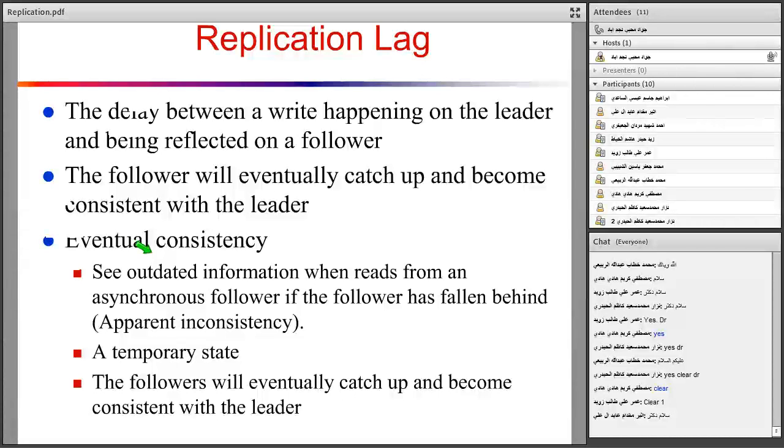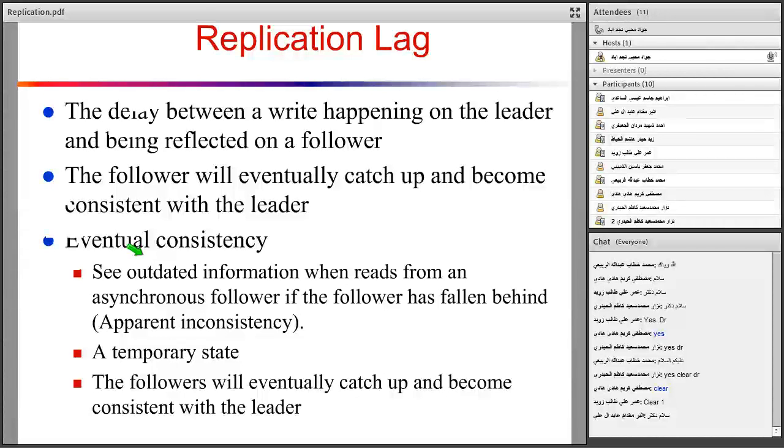When the follower is not updated and does not have up-to-date information, the user sends a request to get information, but unfortunately in this state, the client gets outdated information.